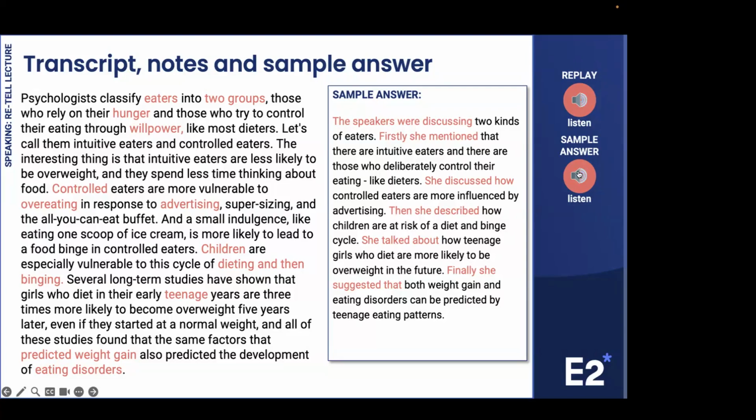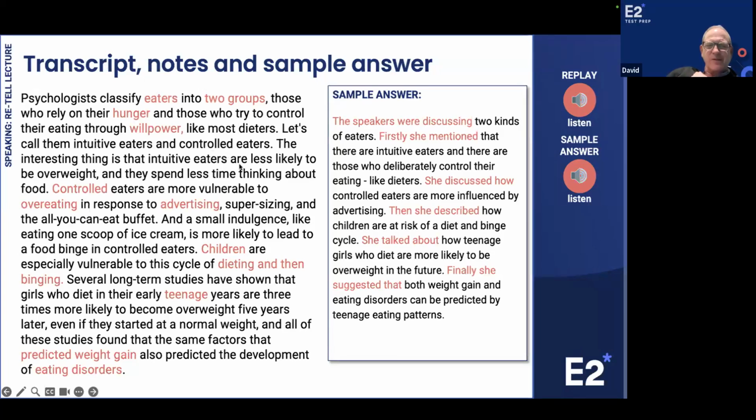She discussed how controlled eaters are more influenced by advertising. Then she described how children are at risk of a diet and binge cycle. She talked about how teenage girls who diet are more likely to be overweight in the future. Finally, she suggested that both weight gain and eating disorders can be predicted by teenage eating patterns.